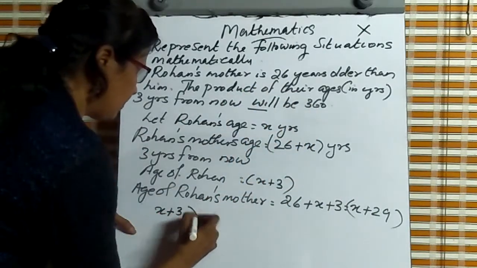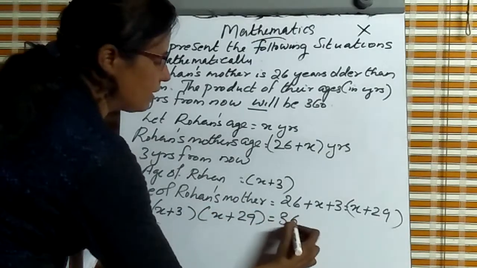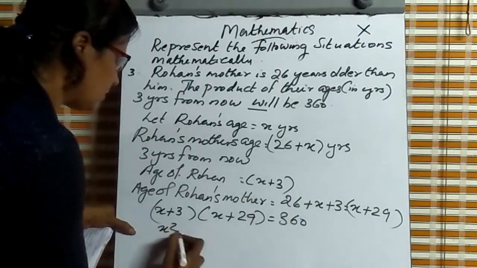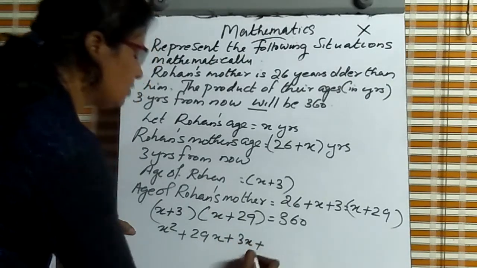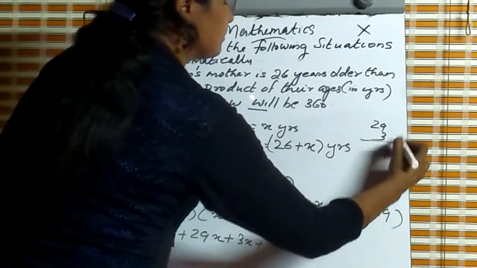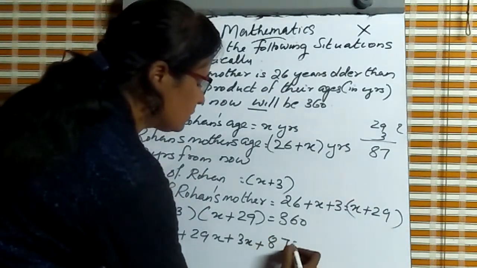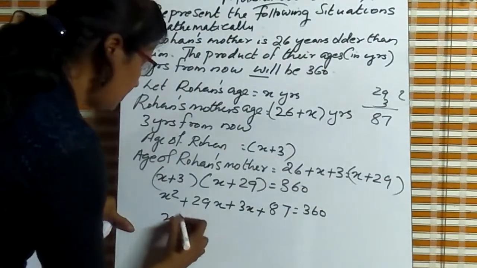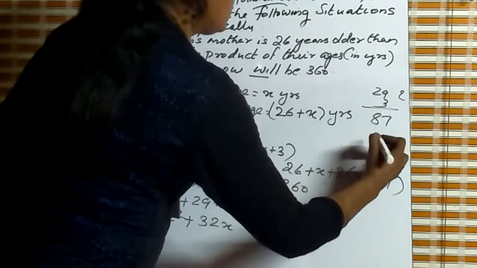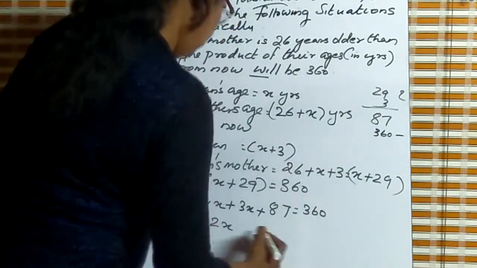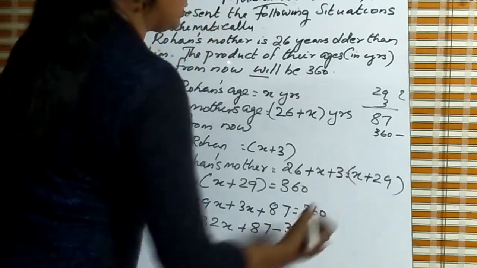That means, according to the given statement, x plus 3 into x plus 29 is equal to 360. x into x, x square, plus 29x, plus 3 into x, 3x, plus 29 into 3, 87, is equal to 360. x square plus 32x plus 87 minus 360 is equal to 0.